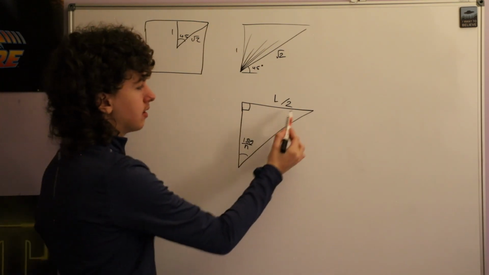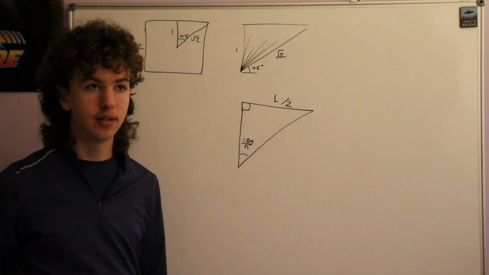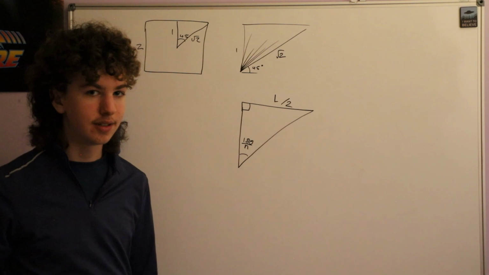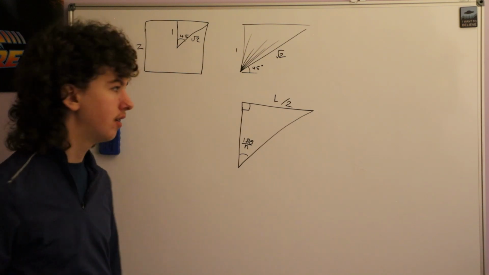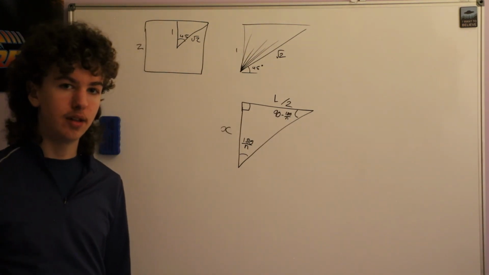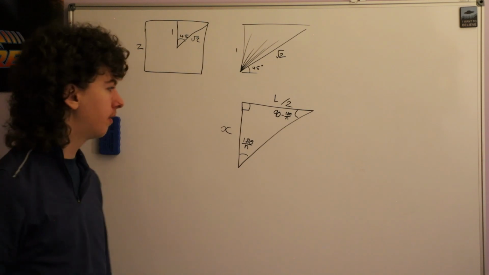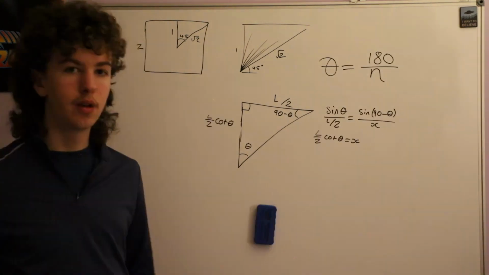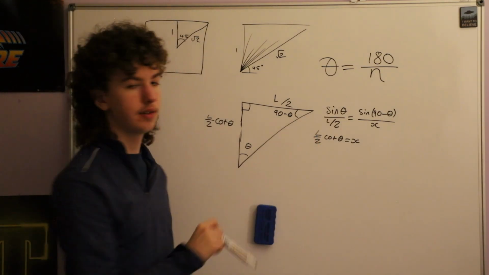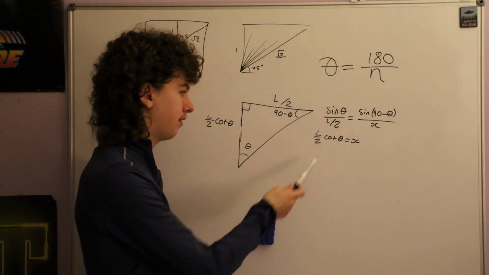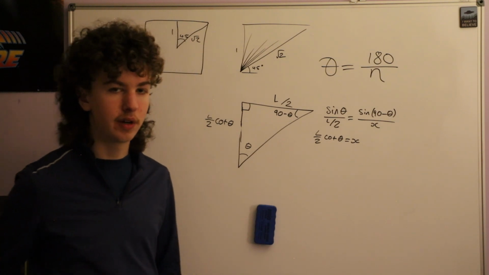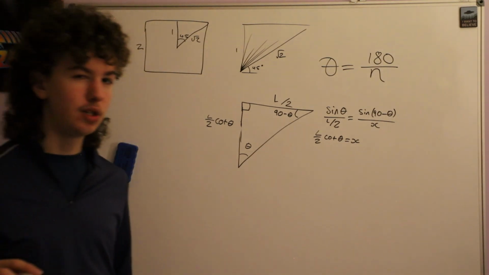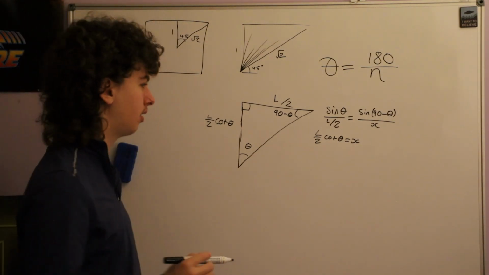Now that means that this side is going to be 90 minus 180 over n. What's our x going to be? The numerator in our integral. From the sine rule, we know this, and it follows that x can be expressed this way.